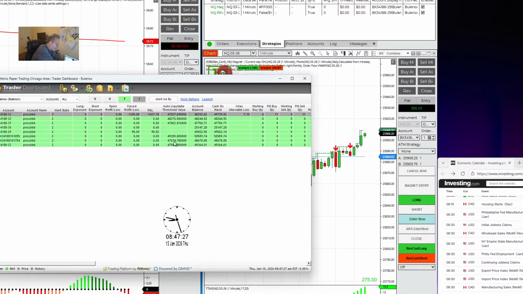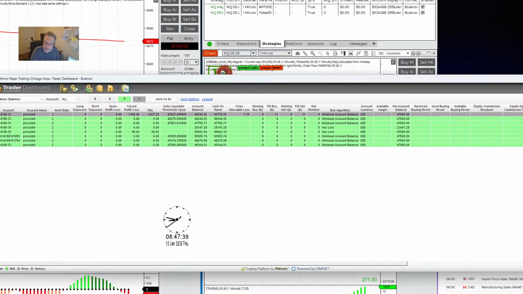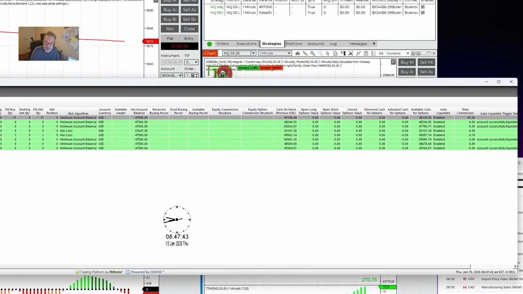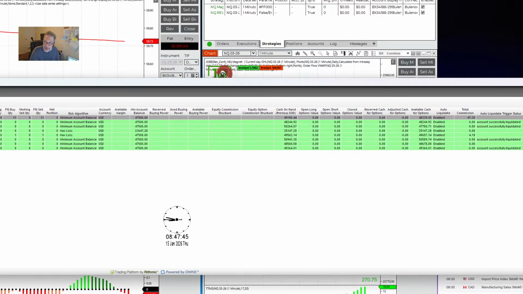I hope I'm right about that. So I've still got plenty of room. And if you go all the way to the right, you can see if you've actually blown any accounts. It shows you if you've blown any accounts.